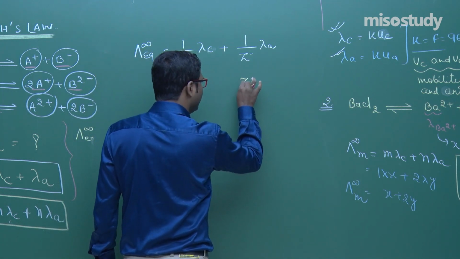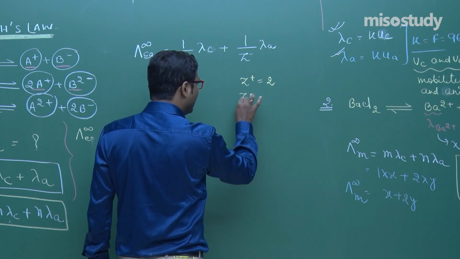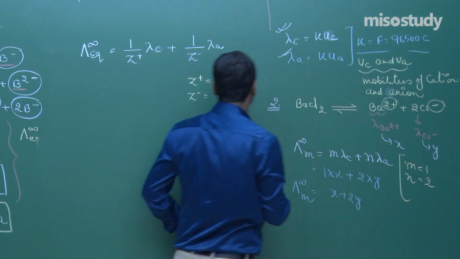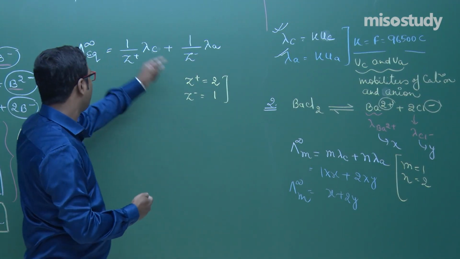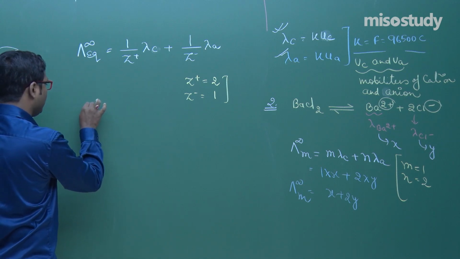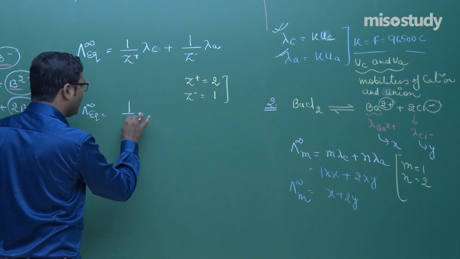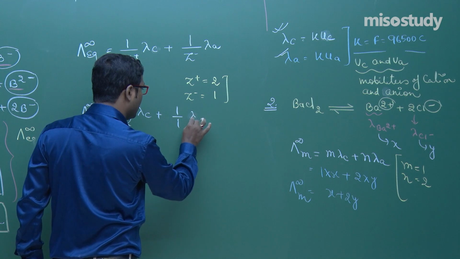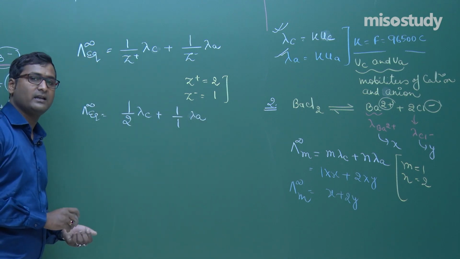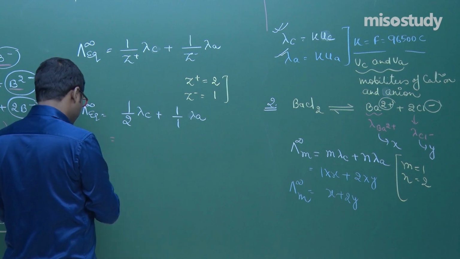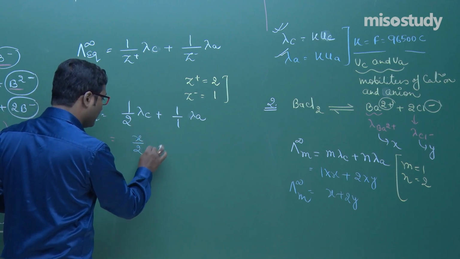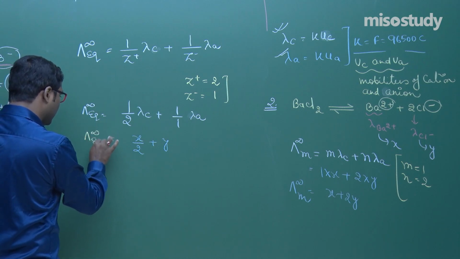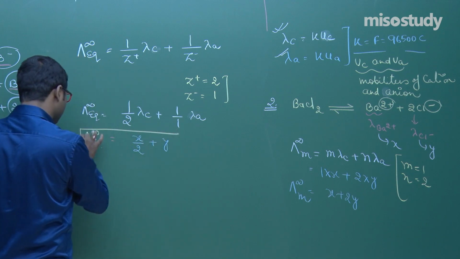That is the charge on the ion. Z plus here is 2, and for Cl there is only one charge. It is plus 2 and minus 1, so 2 and 1. Now put in these values: equivalent conductivity is equal to 1 upon 2 lambda C plus 1 upon 1 lambda A. What is lambda C given? X. So X upon 2 plus Y. This is the expression for equivalent conductivity at infinite dilution.